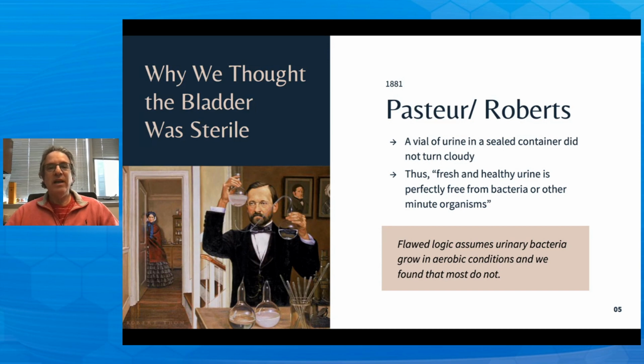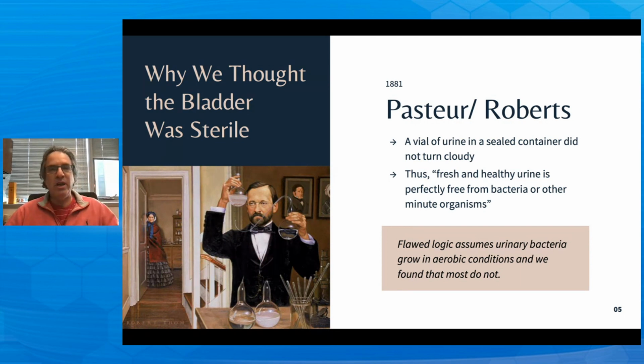And 20 years later, Roberts wrote a very important paper where he starts it out with the quote, "fresh and healthy urine is perfectly free from bacteria or other minute organisms." And that conclusion is based on flawed logic, because it assumes that urinary bacteria grow in aerobic conditions, ambient atmospheric conditions.